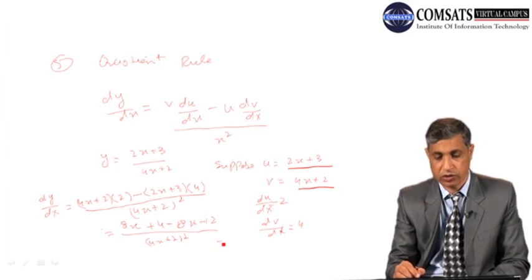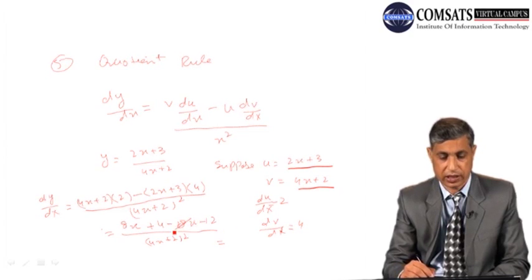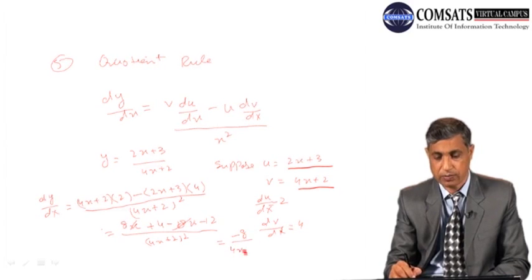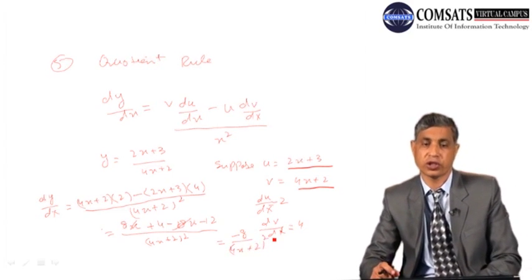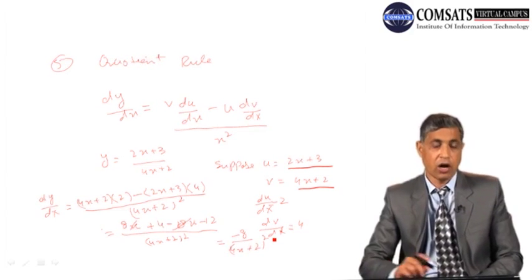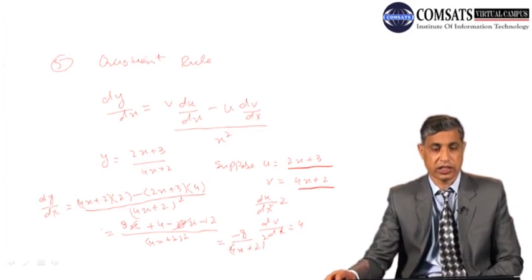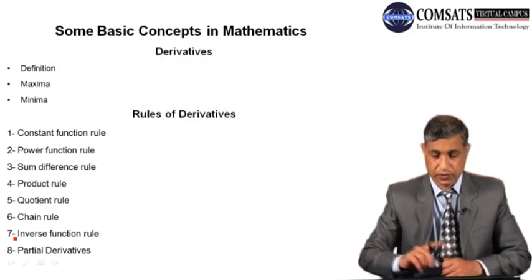So now it is equal to, this will cancel out with this, and it will be minus 8 divided by 4x plus 2 square. So this is how we use the quotient rule here. Now the next rule is chain rule.